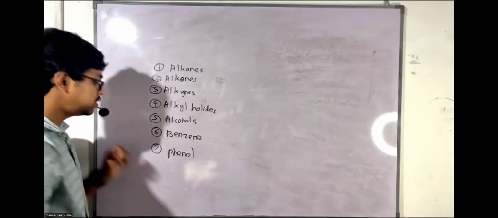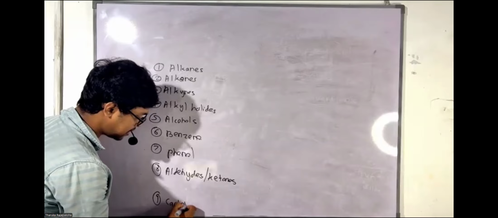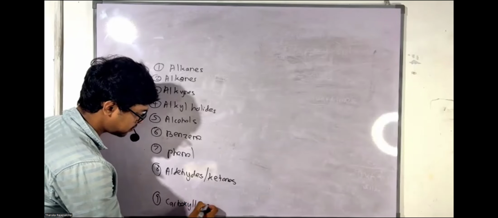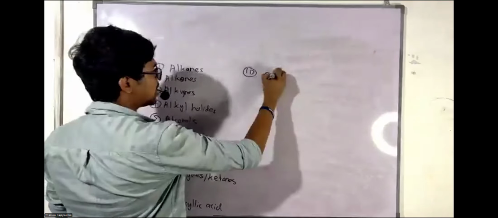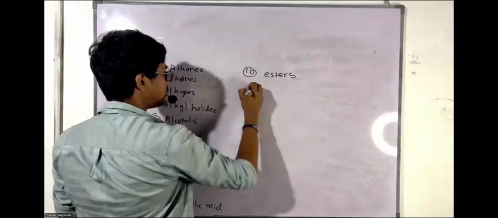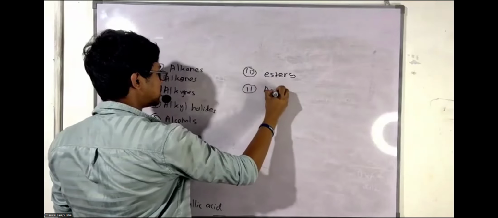Then the ninth one, we have something called carboxylic acid. Then the tenth one, we have esters. The eleventh one, we have acid halide.